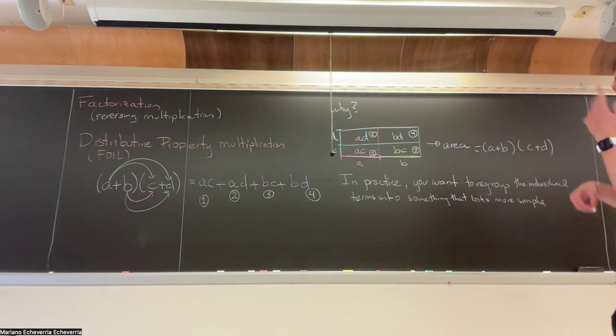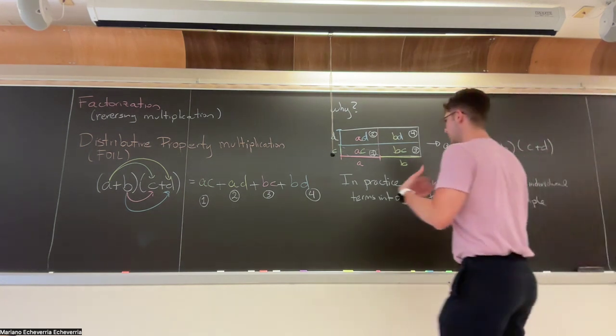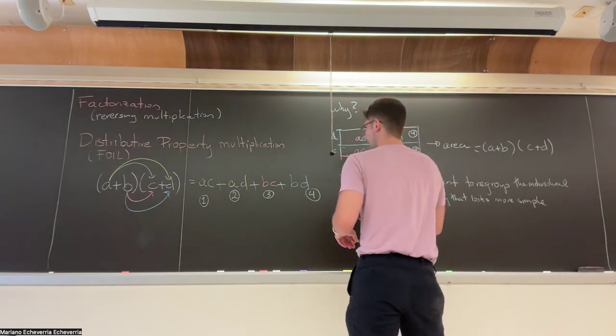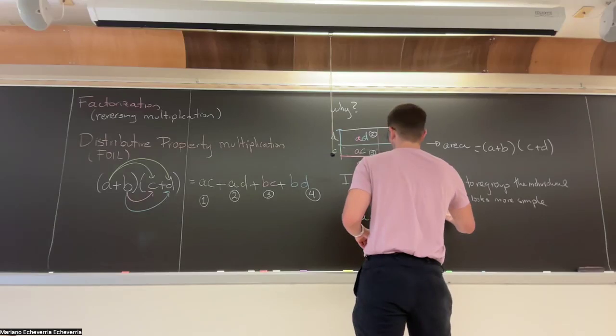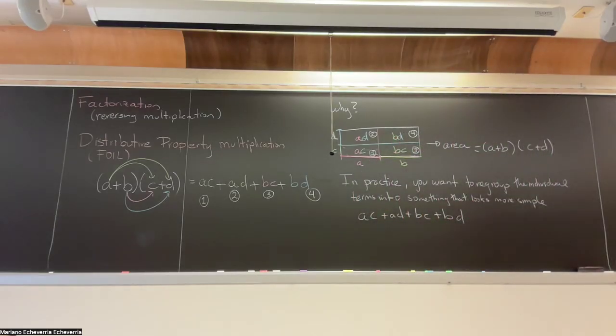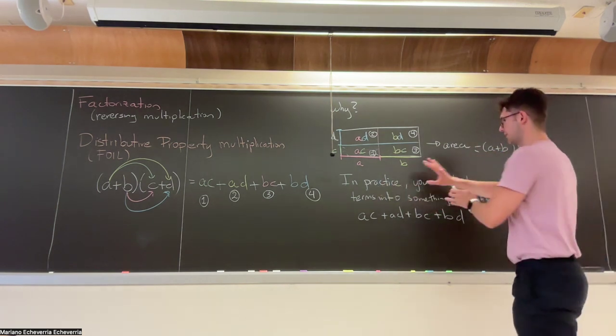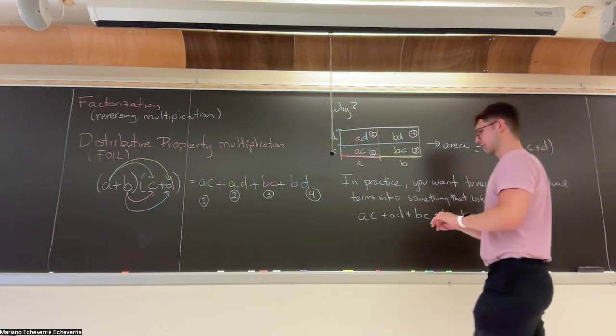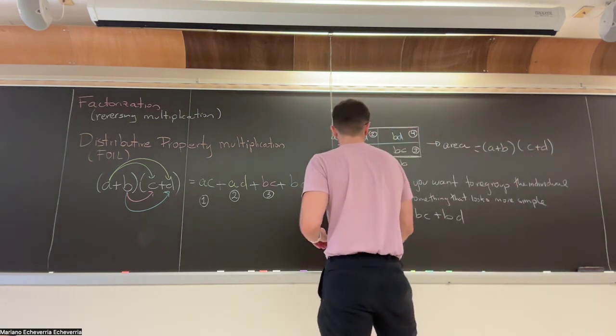So the way this would work out in practice is that you would be given something like this. So all the terms being added up together, which looks a little bit more messy.